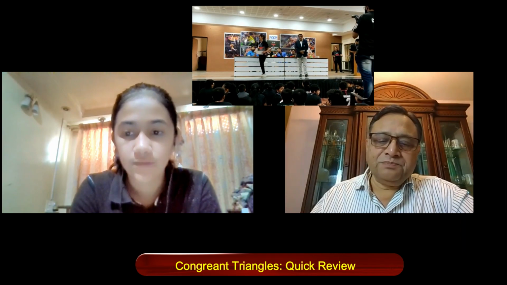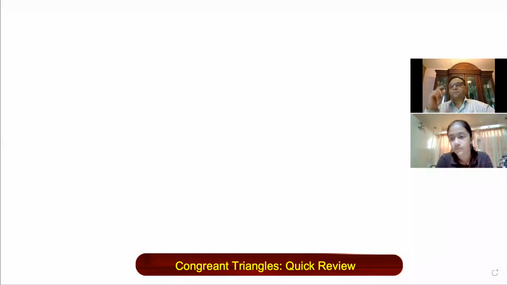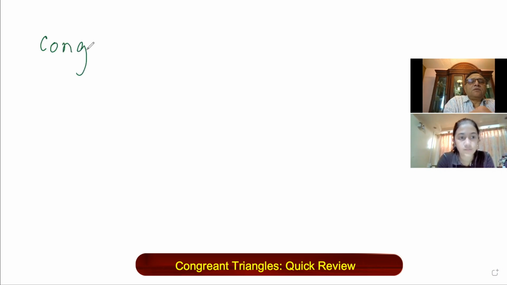So let me share with you a whiteboard. We'll keep it very simple and then learn further about congruent triangles. So let me begin with the review. We talked about congruent triangles, right?